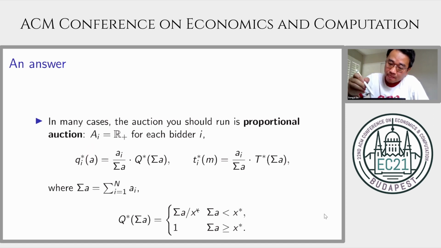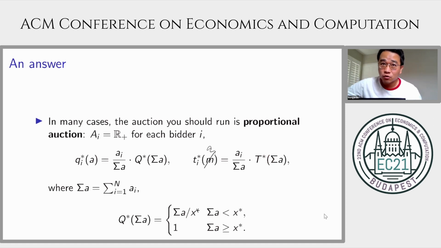And for the transfer function, it's again proportional. You pay a proportion of a total transfer function, which again depends on the sum of the bids. So the total transfer only depends on the aggregate bid, and your individual transfer is a proportional fraction of this total transfer function.